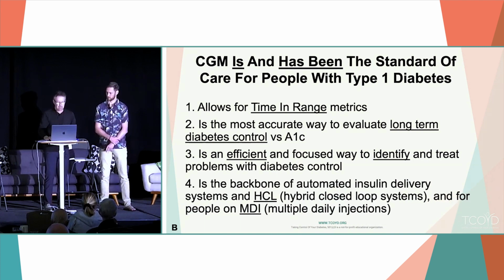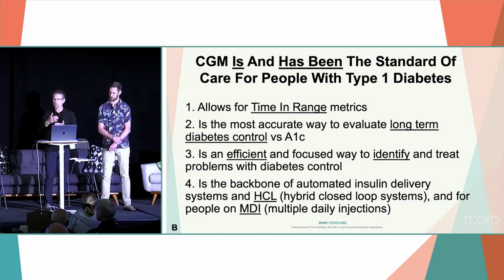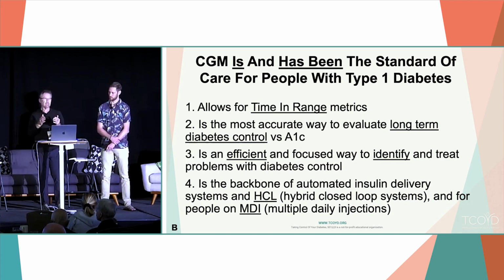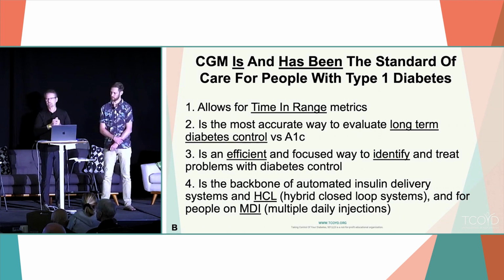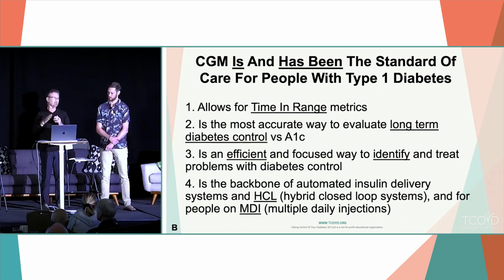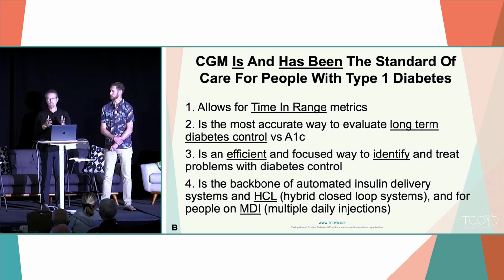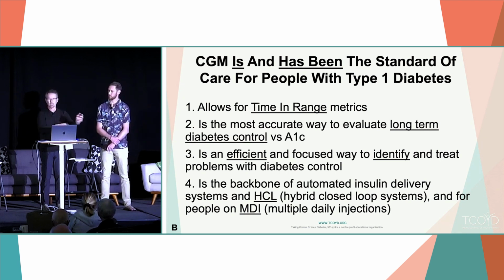It is the backbone of automated insulin delivery systems like hybrid closed loop, and very importantly, it is the backbone for all you folks out there on multiple daily injections, because you can do extremely well with a CGM and responding to the information that we're going to go through.